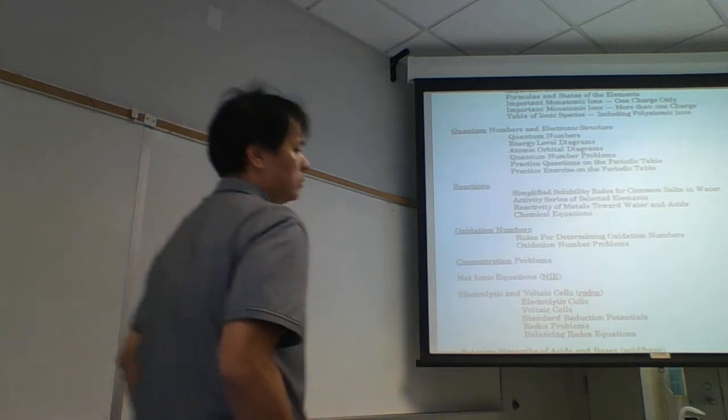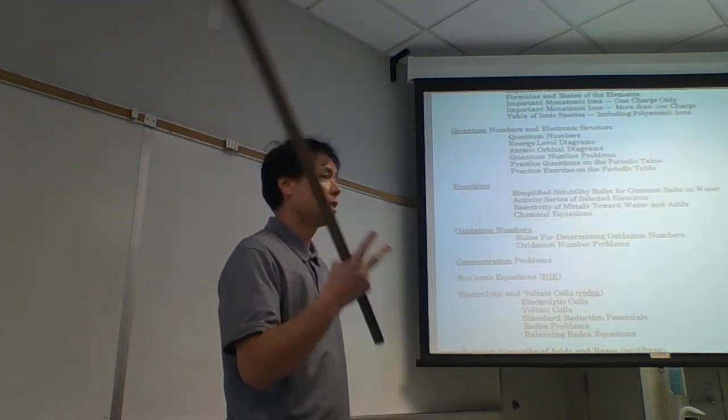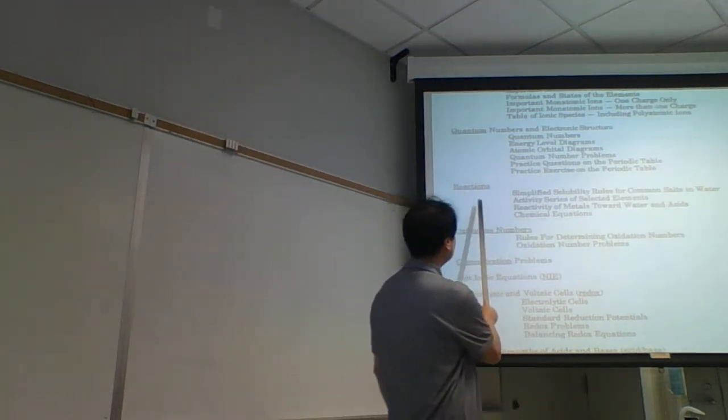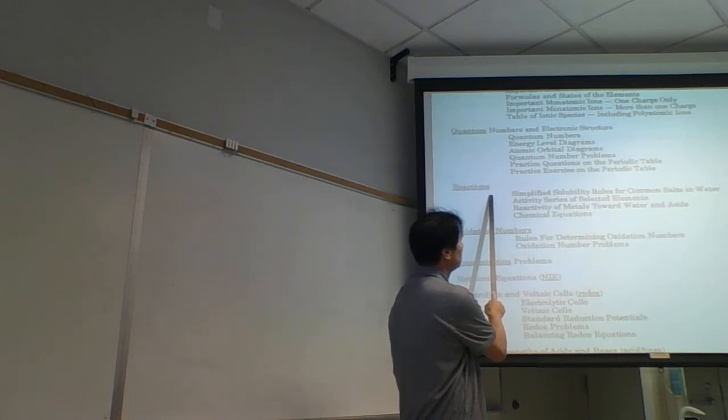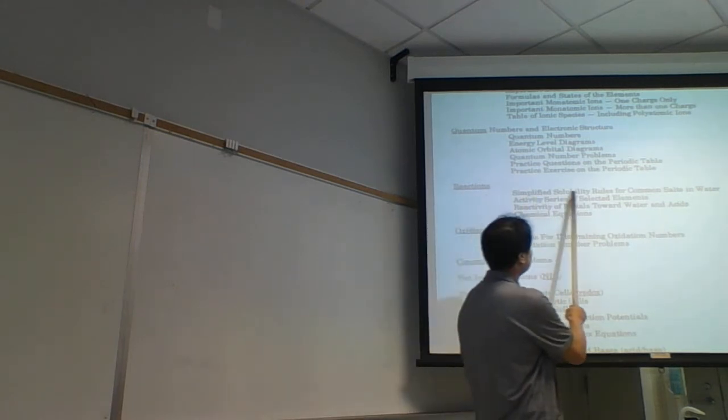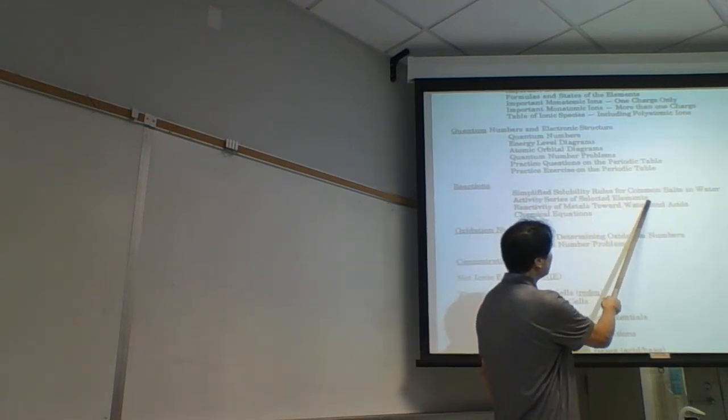All right, so this is from your lab manual, and these are the sections we're going to cover. It's going to be chapters 8 and 9, and then from your lab manual we have something called reactions. And these are the simplified solubility rules for common salts in water, activity series for selected elements, reactivity of metals towards water and acids, and chemical equations.